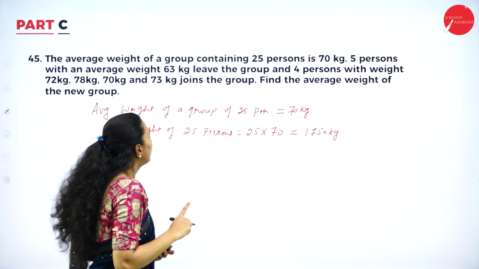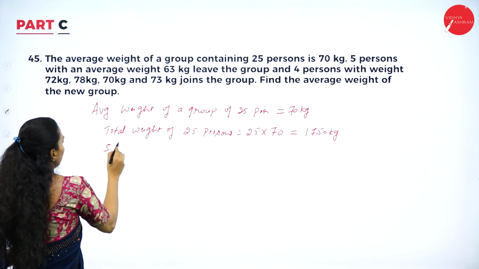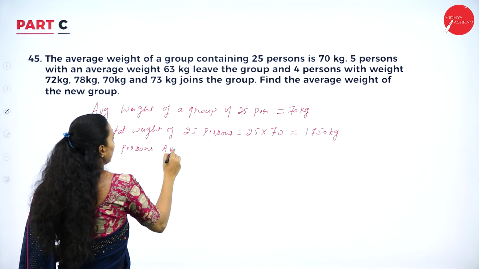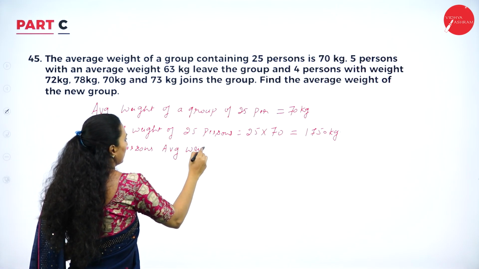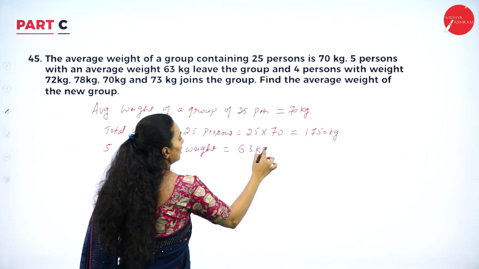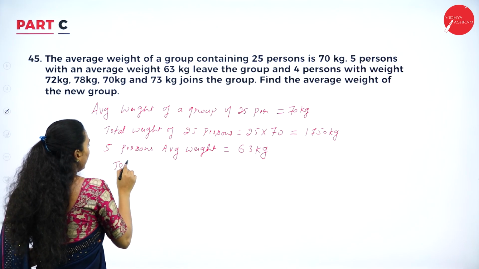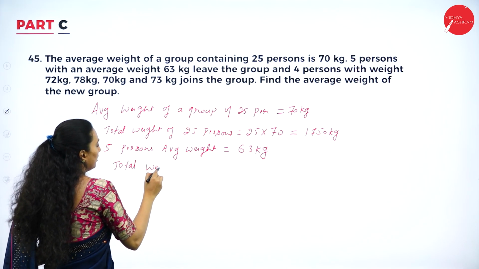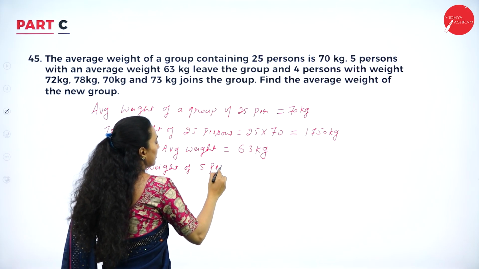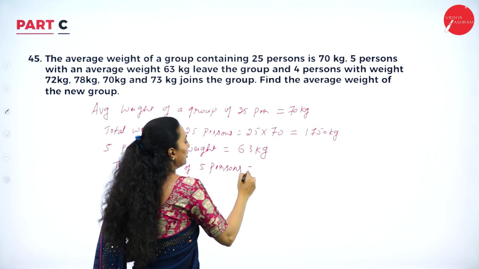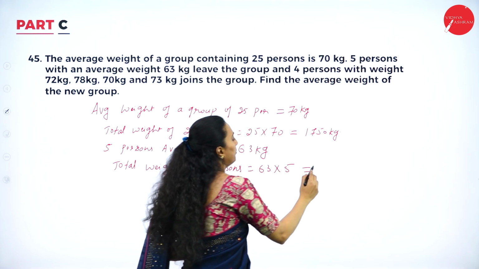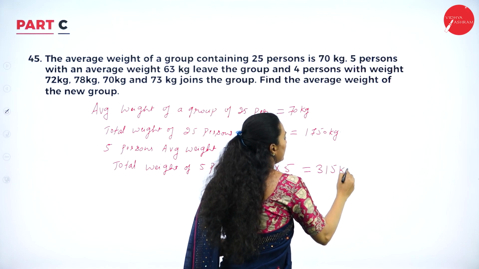Similarly, they have given the average weight of the 5 as 63 kg. Now, the total weight of the 5 will be 63 into 5. Correct. The total will be 315 kg.